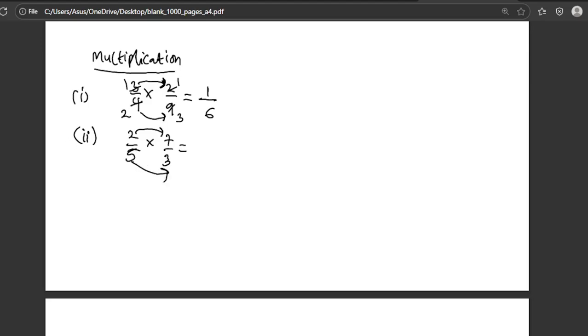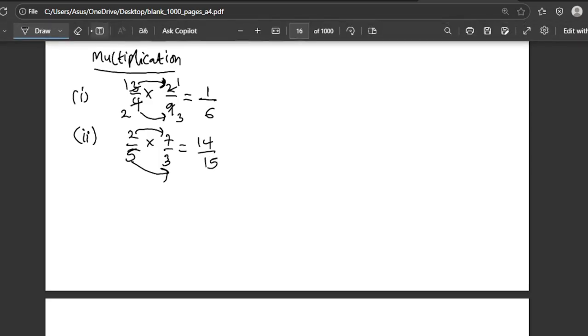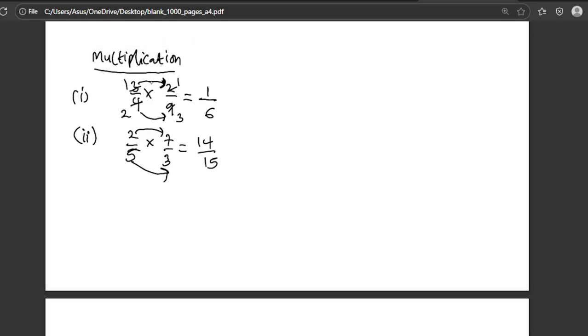Numbers at the top, multiply together. Numbers at the bottom, multiply together. 2 times 7, 14. 5 times 10, 50. That's it for the introduction to multiplying fractions.